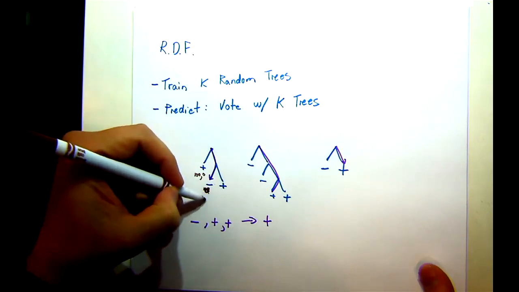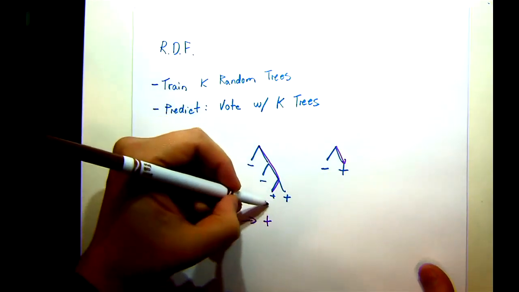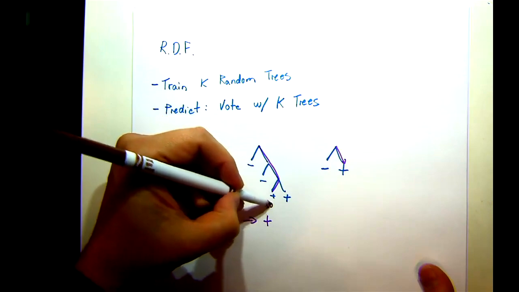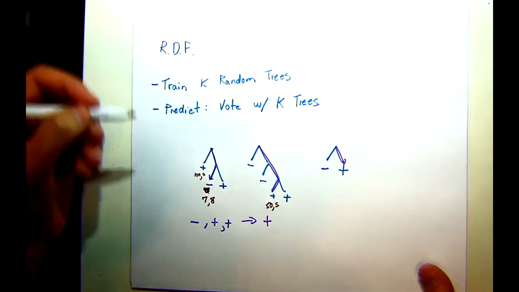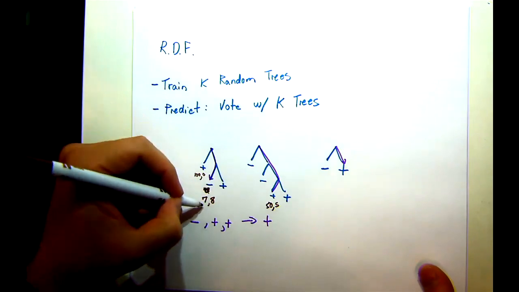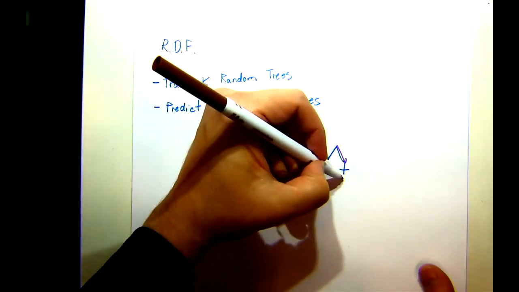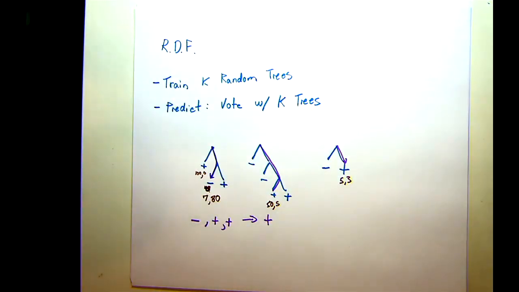They could be like, we had 7 positives and 8 negatives. Let's say this one, for whatever reason, had 50 positives and 5 negatives. And this guy, I think I actually wanted to do this the other way. Let's say this had 80, and then this guy had 5 and 3. And those are like the number of positive and negative labels.